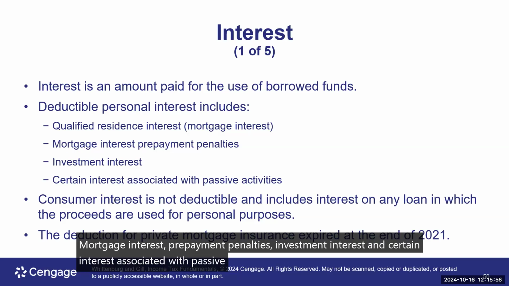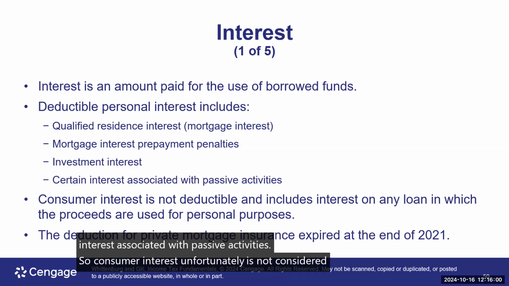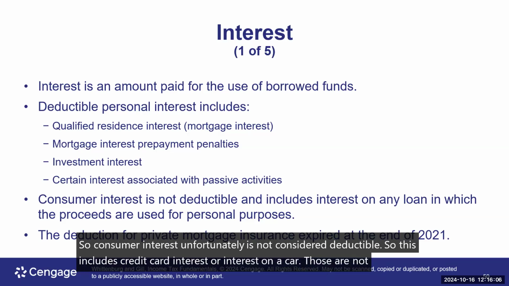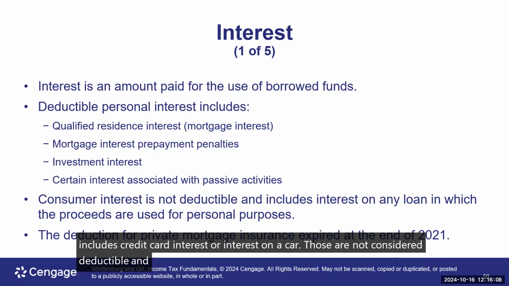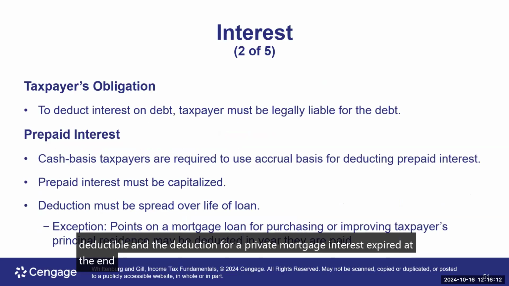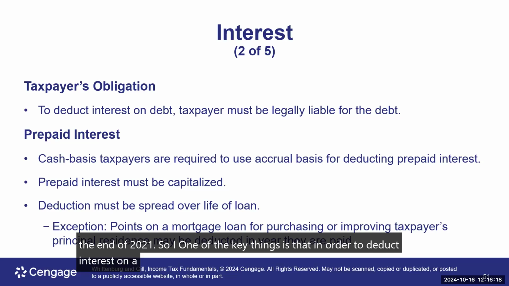So consumer interest, unfortunately, is not considered deductible. This includes credit card interest and interest on a car. Those are not considered deductible. And the deduction for private mortgage insurance expired at the end of 2021. So one of the key things is that in order to deduct interest on a debt, the taxpayer must be legally liable for the debt.